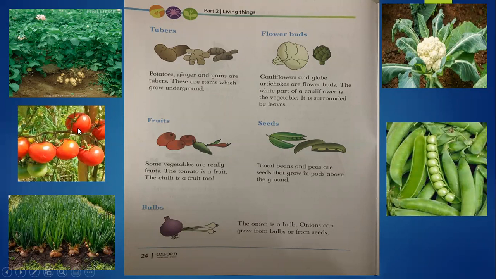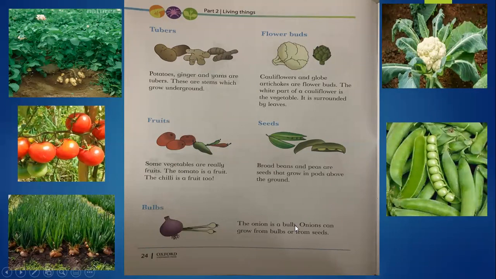We have fruits on the trees, but also the tomato and chilies. We call them fruit. Why do we call them that? Do you remember this question? Because they grow from flowers and they have seeds inside them. So that's why tomato and chilies, we call them fruit as well.